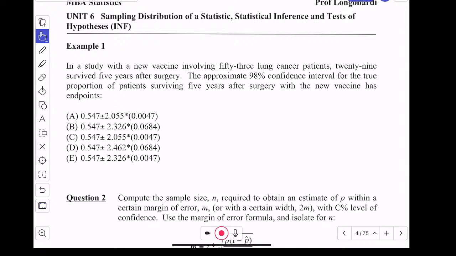So we're going to talk about inference. We're going to use the theory that we've built up regarding sampling distributions of sample statistics. And rather than answering questions about what outcomes we expect in the sample, we're going to use those expectations and reverse things. Instead of anticipating the results of a sample, we're going to actually draw a sample, get some results from the sample, and then talk about what it tells us about the actual parameter.